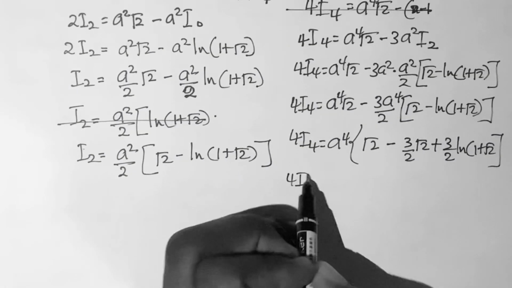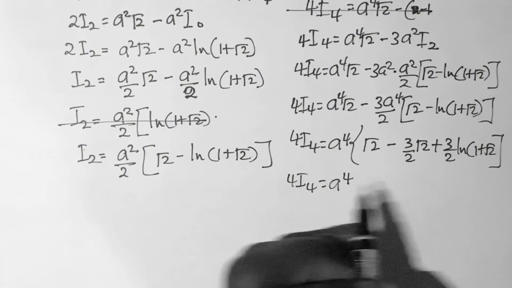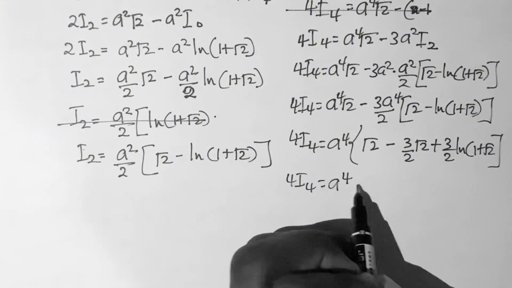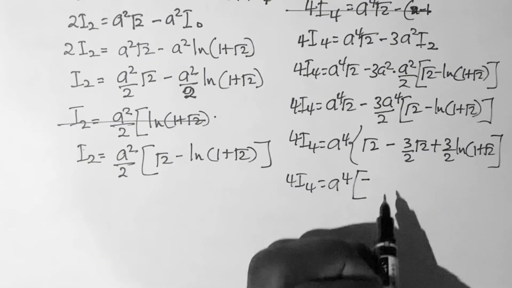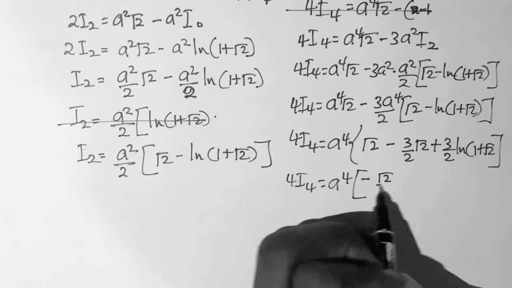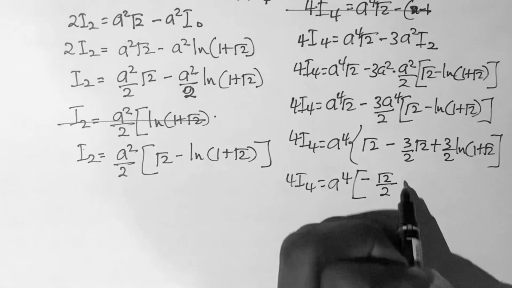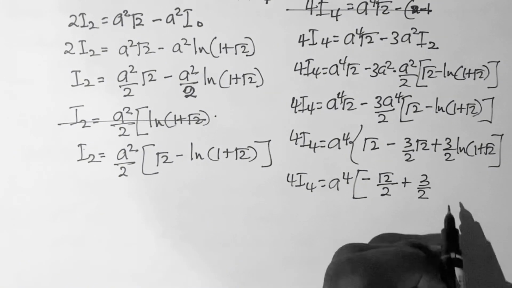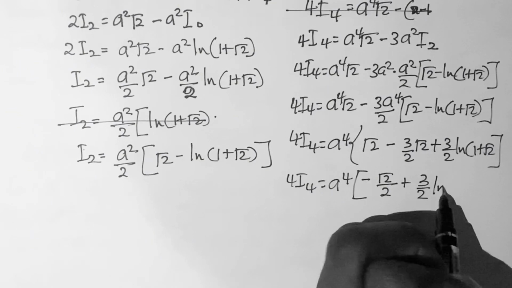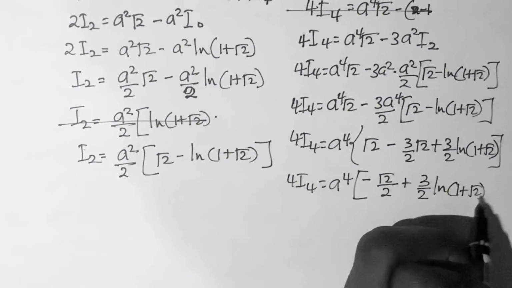So 4I of 4 is equal to a exponent 4. Now, this becomes bracket minus root 2 over 2, then plus 3 over 2 natural log of bracket 1 plus root 2.